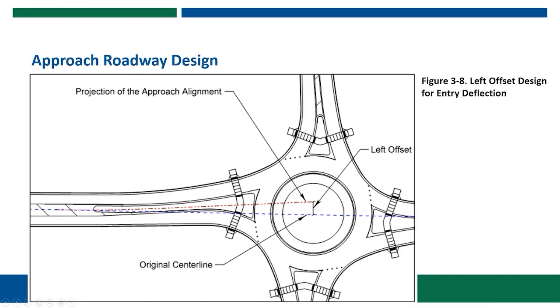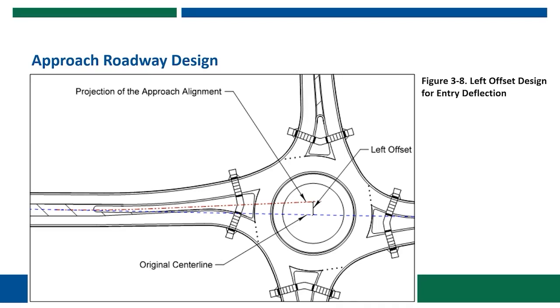The fourth major design consideration discussed in the GDOT Roundabout Guide is approach roadway design. Good approach design incorporates several principles, including offset left geometry, stopping sight distance or forward sight distance to the entry line, central island visibility, and the use of curb and gutter to help create a funneling effect as motorists travel toward the roundabout.